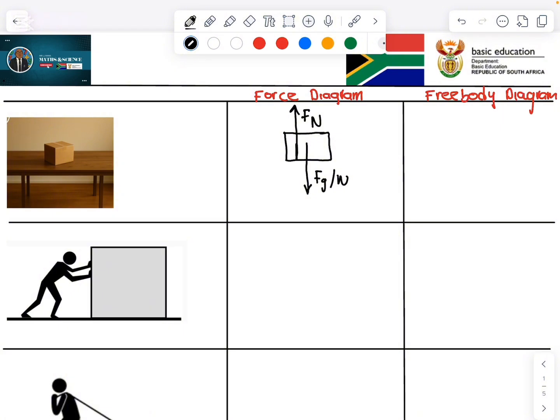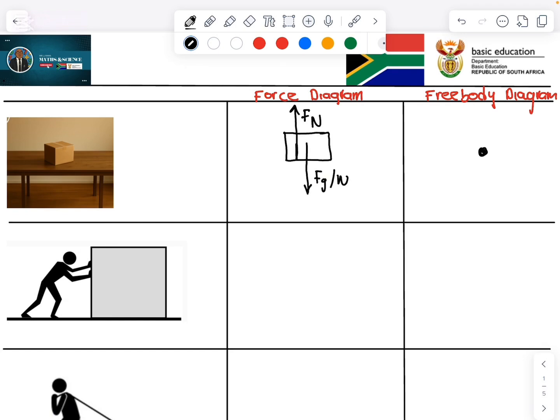And that is it for the force diagram for the scenario on your left. We only have the forces that are acting on that box as it is lying on top of the table: the weight as well as the normal force. Then for the free body diagram, you represent the object as a dot.